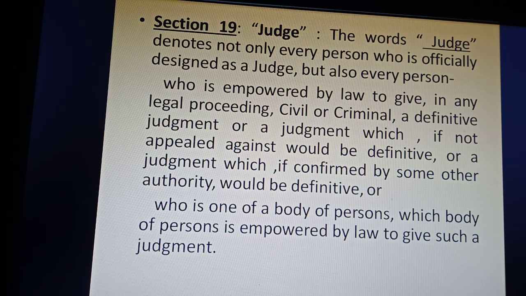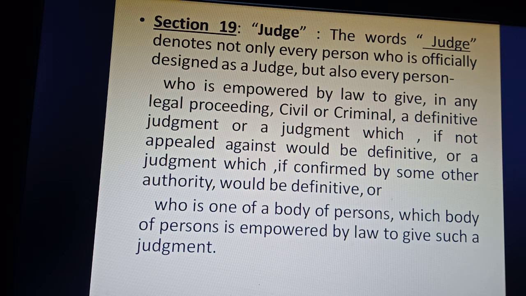So in IPC the meaning of the judge is given in a broad sense, because in this definition, the word judge is not confined to a person who is officially designated as a judge, but it also extends to those persons who are empowered by the law to give a final judgment, or that person from the body of persons, which body of persons is empowered by law to give such a final judgment.